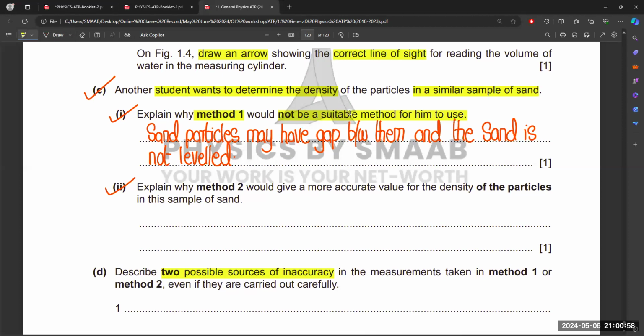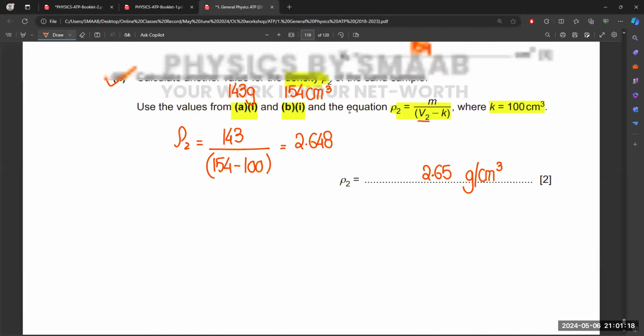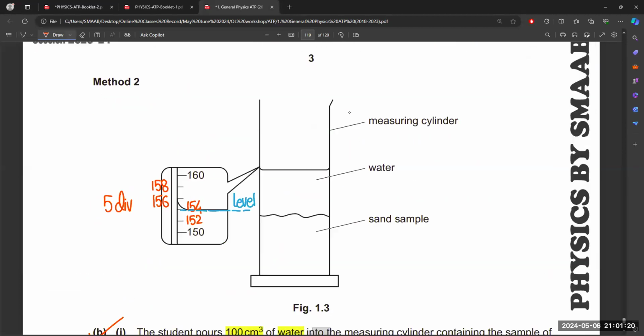And if we talk about method number two, why would method two give a more accurate value for the density of the particles in this sample of sand? So basically, in the second method, the problem that we discussed in the first method is that there might be some gap between the particles of the sand.